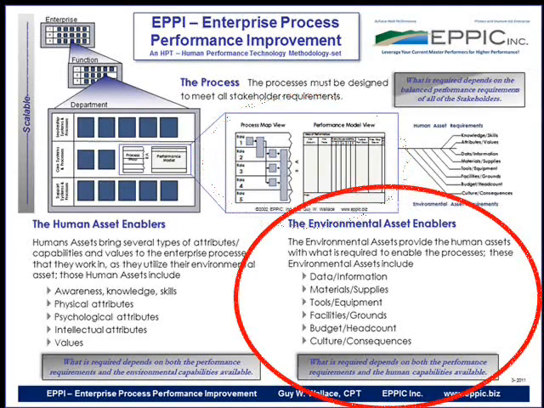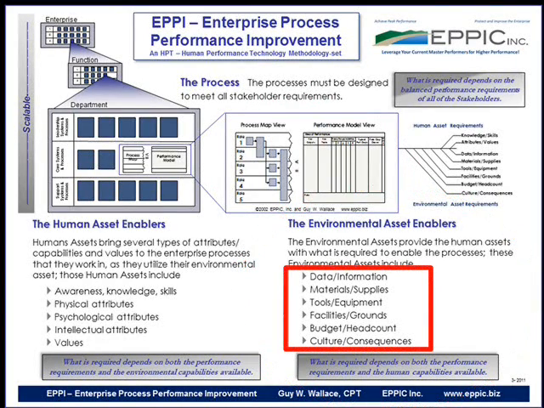We can also look at the environmental assets that enable the process. We can look at whether the data and information is adequate to the needs of the process, and the materials and supplies and tools and equipment and facilities and grounds, and whether we have the appropriate budget and headcount available to enable the process.